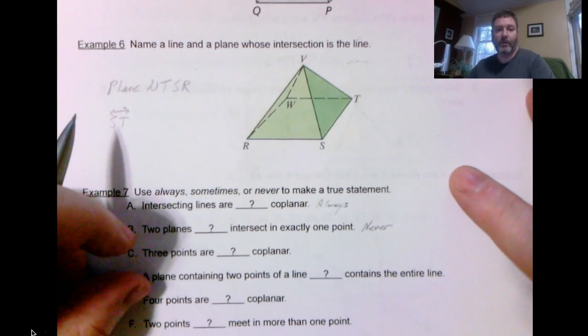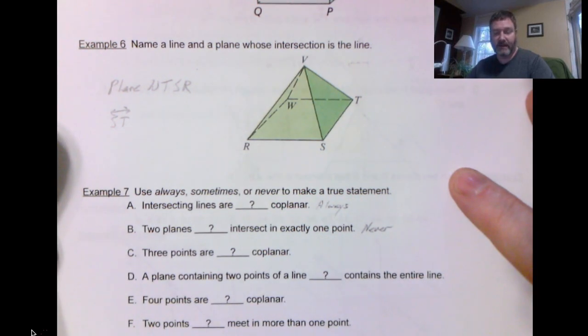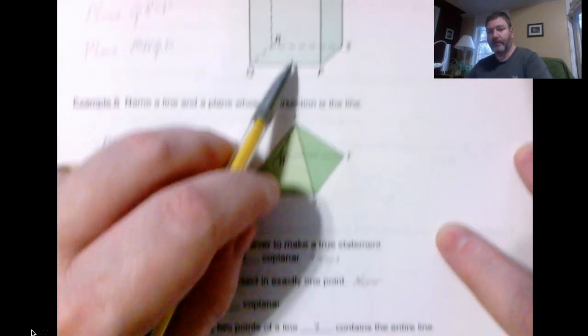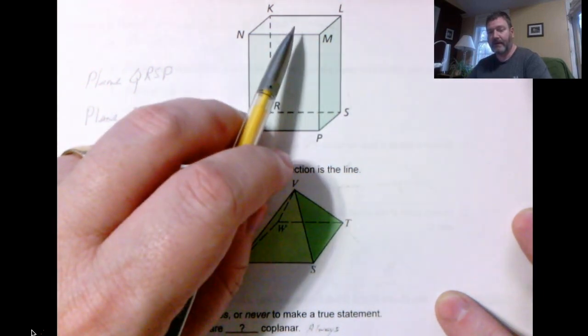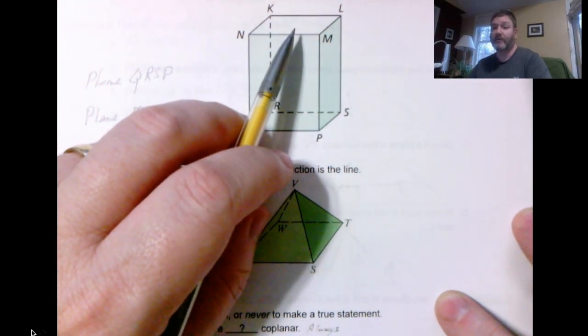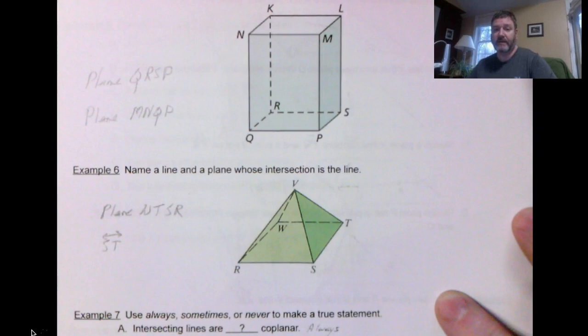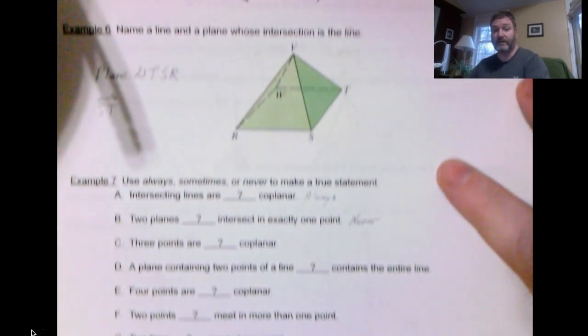That's intersecting at more than one point. That's an infinite number of points. It's a line. Up here in this cube, we have the bottom plane and the top plane, and they never intersect. That's not one point. That's 0 points. So they intersect either at a line or they don't intersect at all.